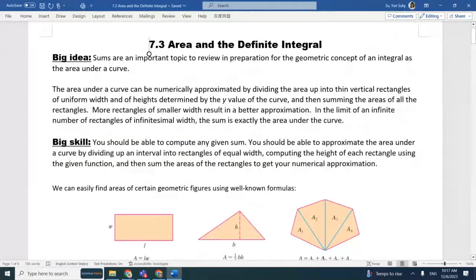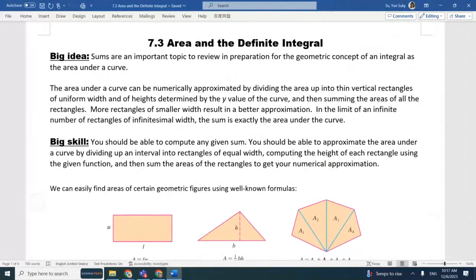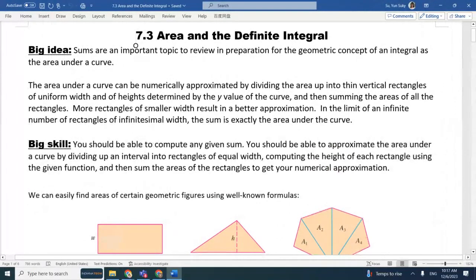7.3. Okay, area and the definite integral. So, big idea. Sums are an important topic to review in preparation for the geometric concept of an integral as the area under a curve. We talk about derivative as the slope of the tangent line, and the antiderivative as like the area under a curve. How do we compute the area under the curve? Why do we get the notation, the summation, and the dx?